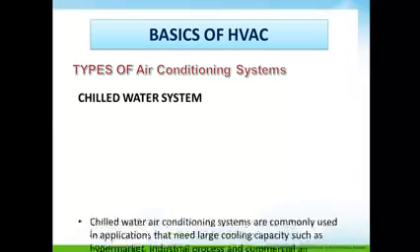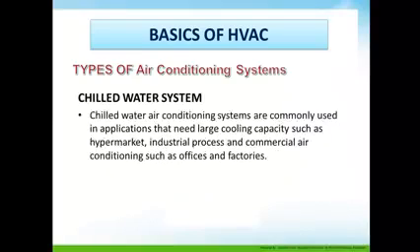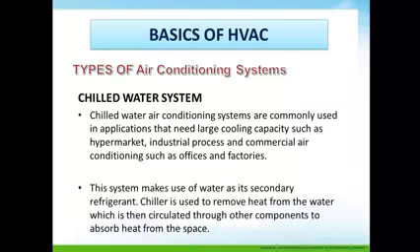Chilled water system. Chilled water air conditioning systems are commonly used in applications that need large cooling capacities, such as hypermarkets, industries, process, and commercial air conditioning at offices and factories. This system makes use of water as its secondary refrigerant.